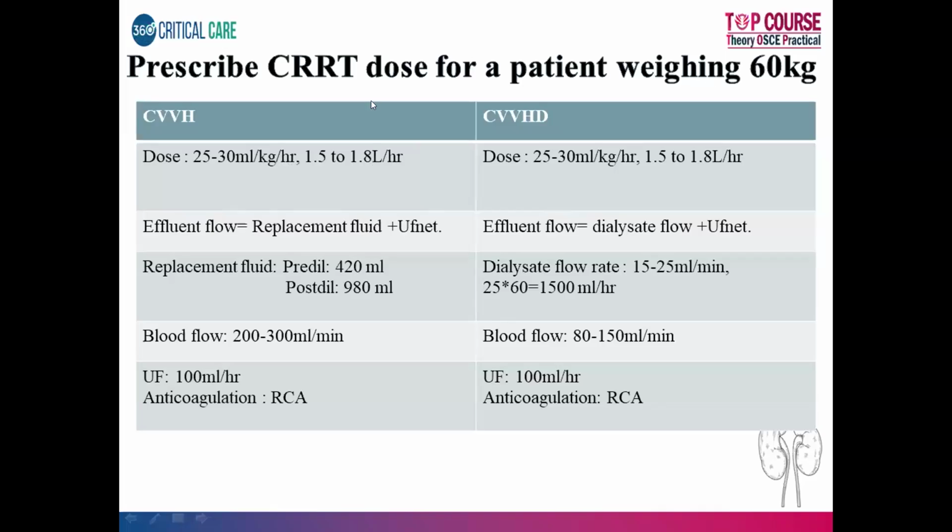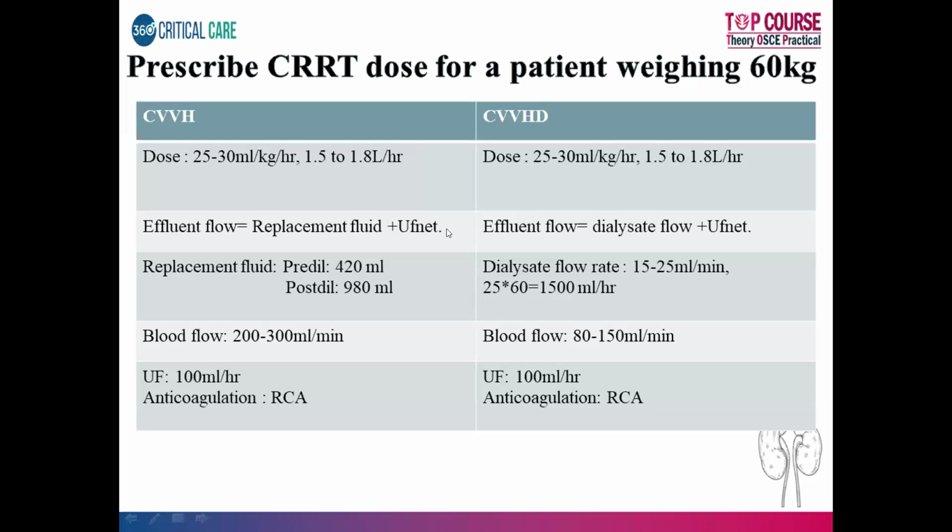Now this you have to divide. As I told, effluent flow is nothing but, in CVVH, the replacement fluid plus the net ultrafiltration rate. First you calculate the ultrafiltration. How much ultrafiltration does this patient require? Keep it around 50 to 100 or 100 to 150, depending upon the patient's situation.